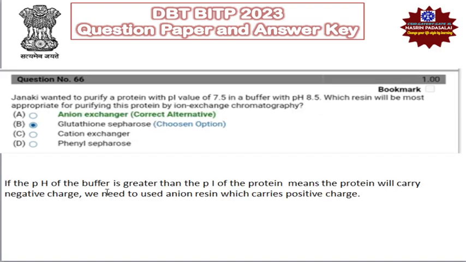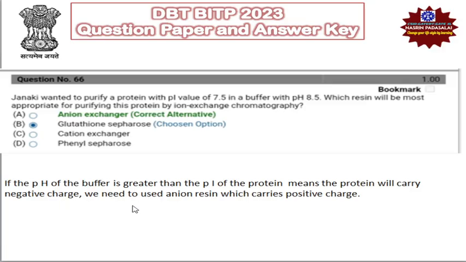Next, Janaki wants to purify a protein with a pI value of 7.5 using a buffer with a pH value of 8.5. Which resin will be most appropriate for purifying this protein by ion exchange chromatography? One thing you should note about ion exchange chromatography: if the pH of the buffer is greater than the pI, then the protein will carry a negative charge.